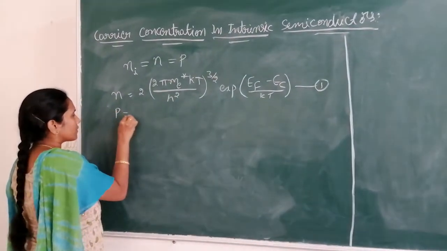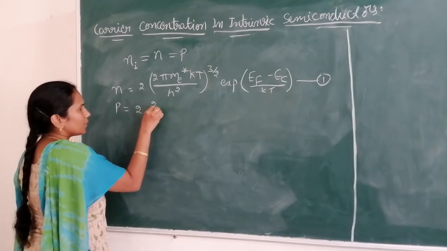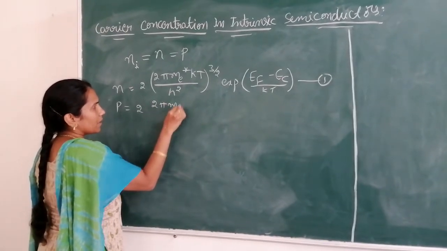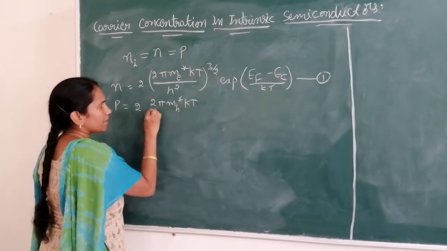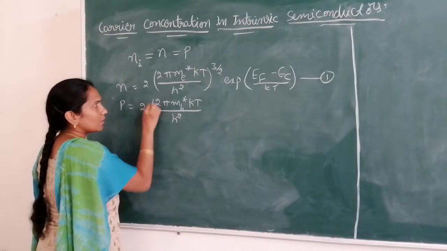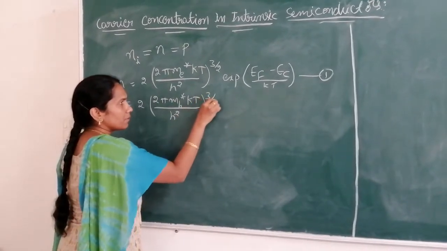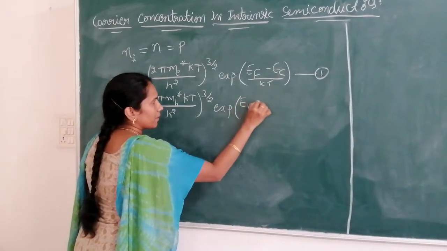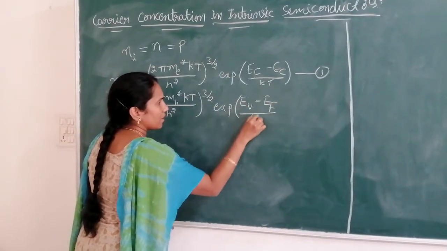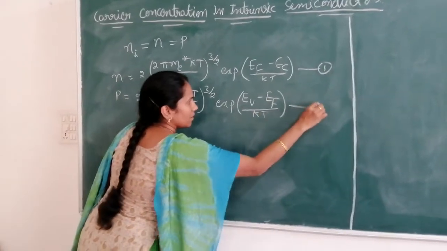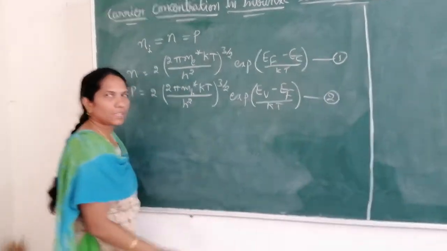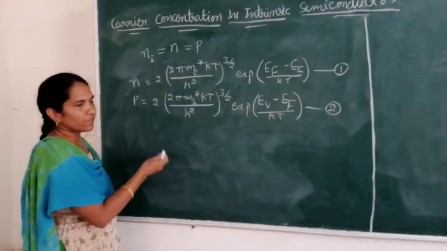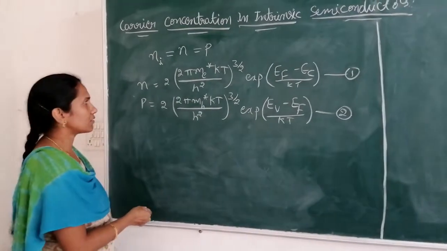Next, the number of holes expression is 2 into (2 pi mh star kT by h square) whole to the power of 3 by 2 into exponential of (EV minus EF) by kT. This is the expression for the number of holes. Let it be equation number 2. These two we already derived in the previous lectures.